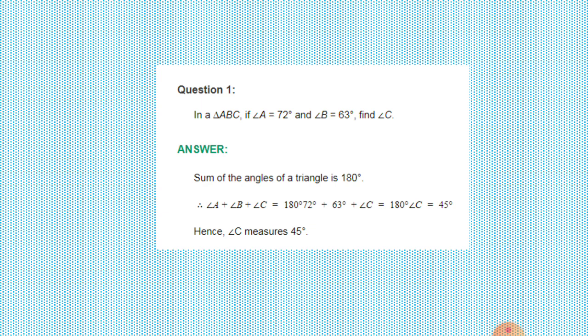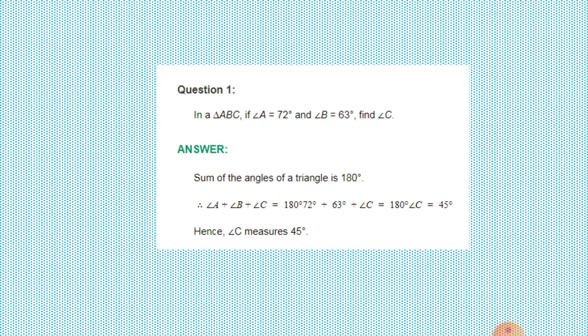So all the angles are added: angle A plus angle B plus angle C equal to 180 degrees. So 72 degrees plus 63 degrees plus angle C equal to 180 degrees.